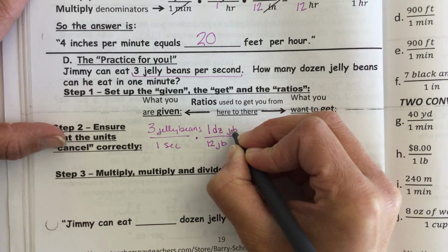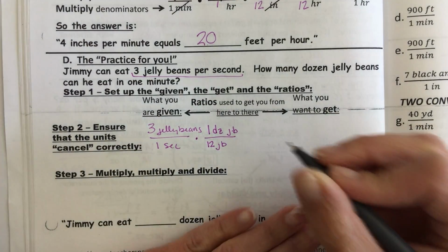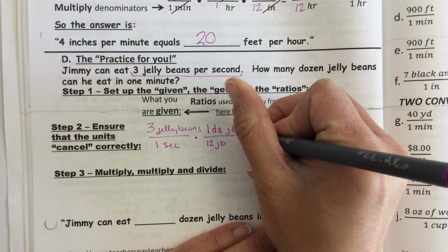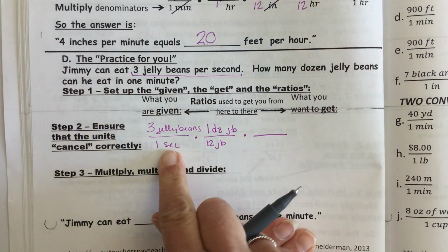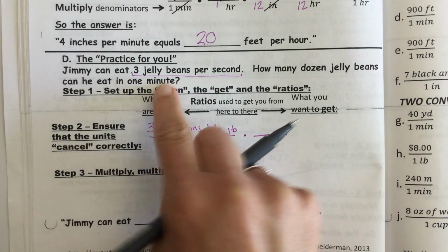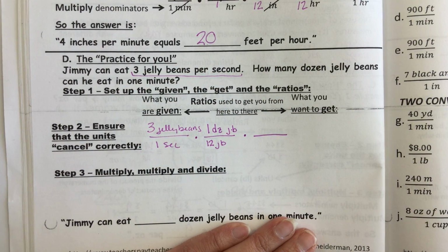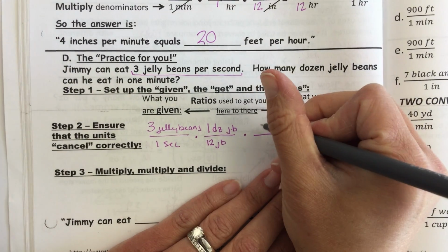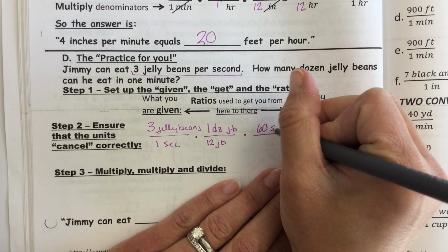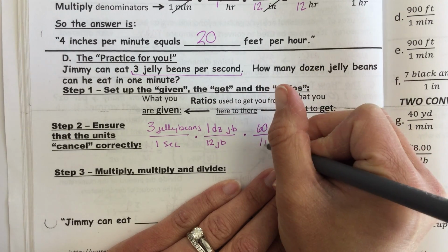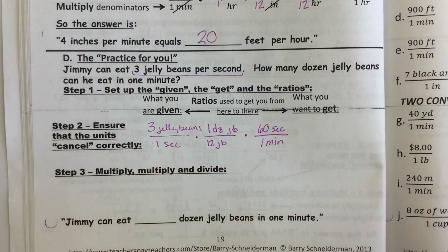So this is kind of a strange one. And then our next conversion factor is seconds, and we want to get to minutes. So what's our relationship between seconds and minutes? 60, yep. So 60 seconds is going to go on the top, and 1 minute goes on the bottom.